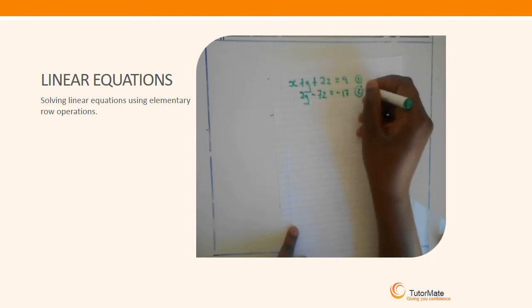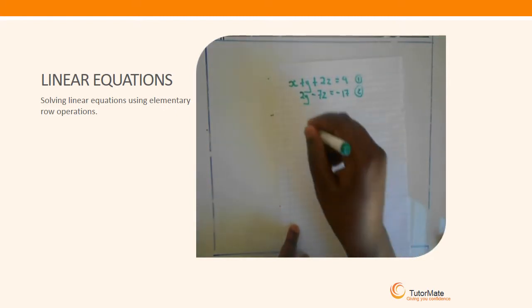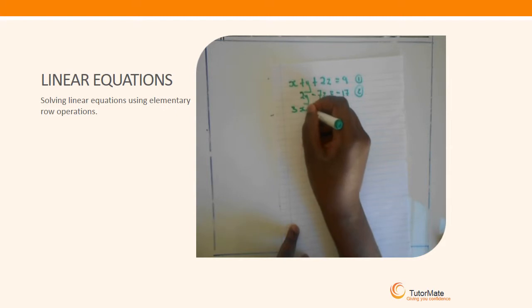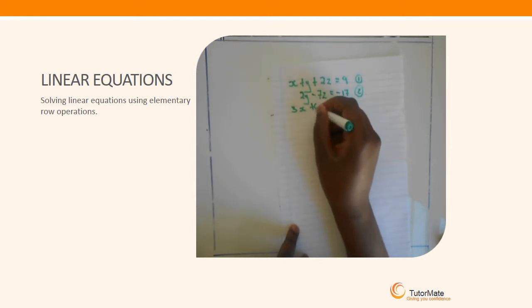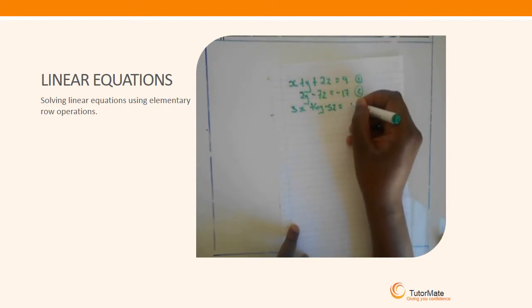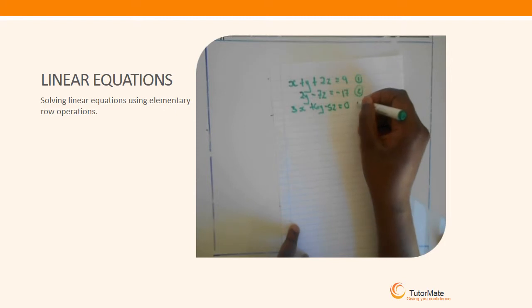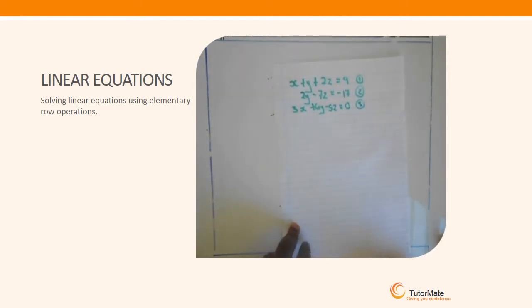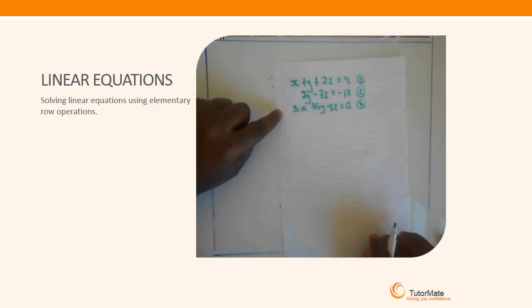This is our new equation 2. Then our equation 3 is 3x plus 6y minus 5z equals 0. This is our equation 3. So now we shift our focus to equation 3.